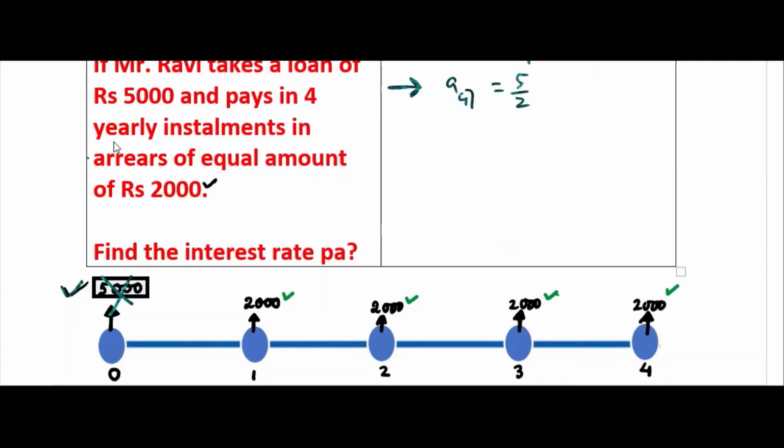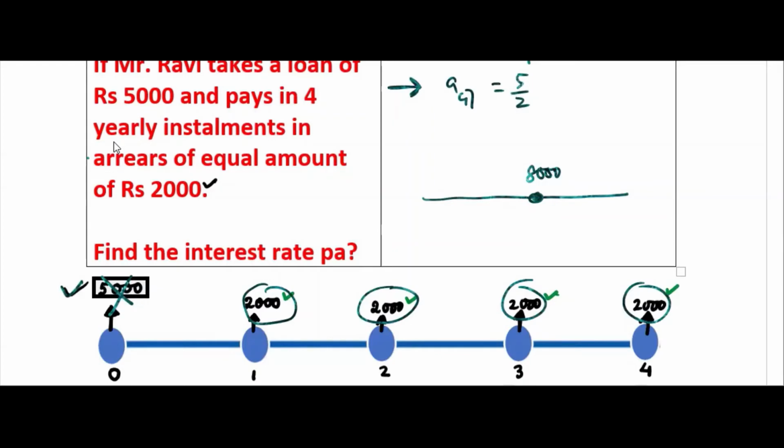So what I can do is take a weighted average. That means if you want to make all the payments at one place, suppose all the payments of 2000, all payments at one place is 8000. What is the point where you can make all the payments at one place?